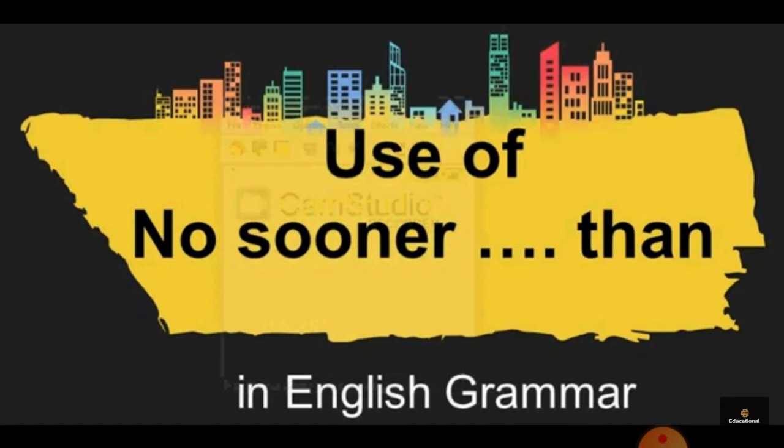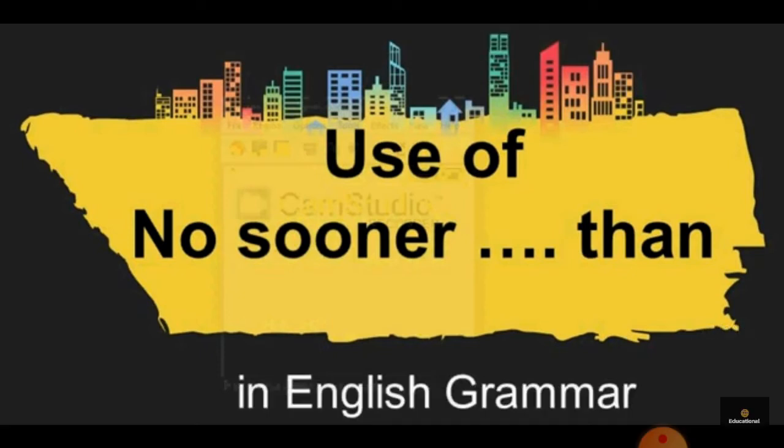So between no sooner, in the slide also you can see that it is written no sooner than, there are few dots, and then is given, than. It means when we start the sentence with no sooner, there are few words in between, and after that we have to put the than.